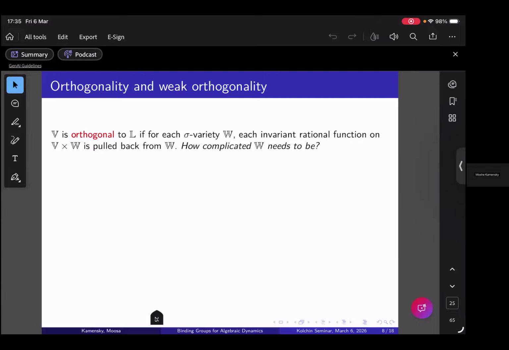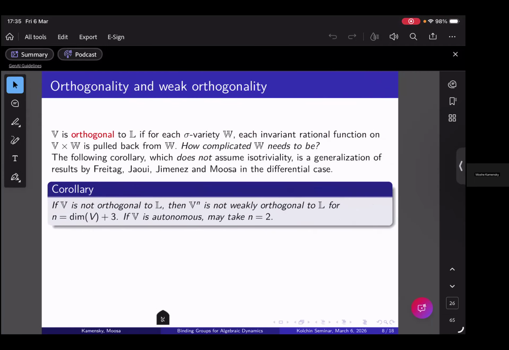Suppose you want to check if V is orthogonal to L. How far do you need to go with W? How complicated does W need to be? It seems like a difficult condition to check, but it turns out two things.